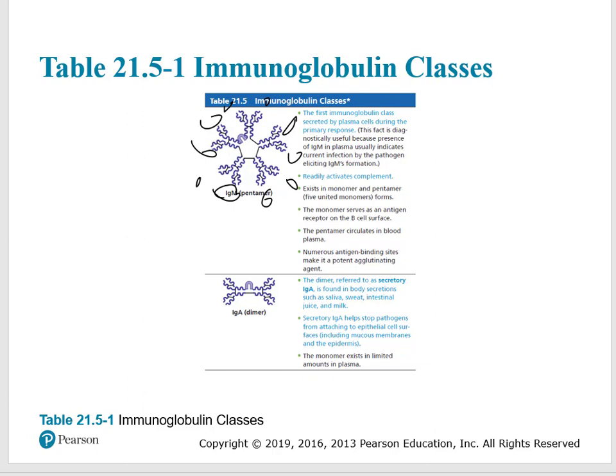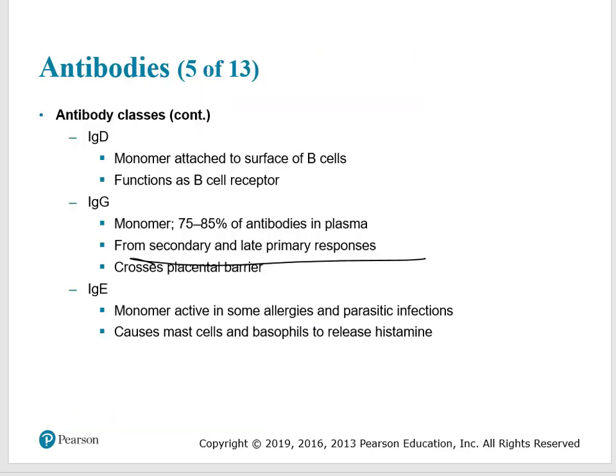So this IgA is important in the first milk that is given by the mother to the newborn baby. This IgA is the first immune system protection that the newborn gets from the mother through milk. So that is your IgA.